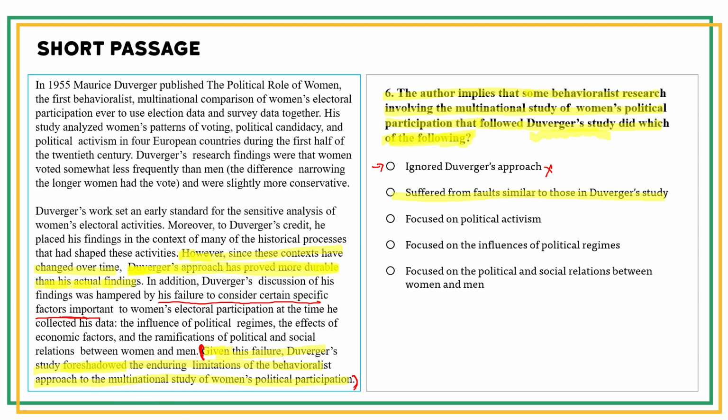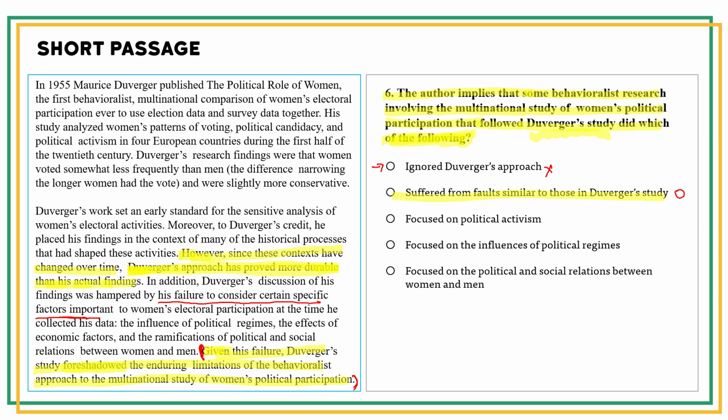So yeah, it's a very good option. The passage does in a way imply that his failures basically foreshadowed or prophesized the type of failures that would always be there in the behavioralist approach towards such research. So it's a very good option. I'm going to put it in a maybe.